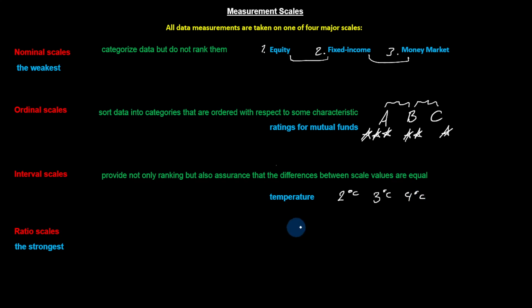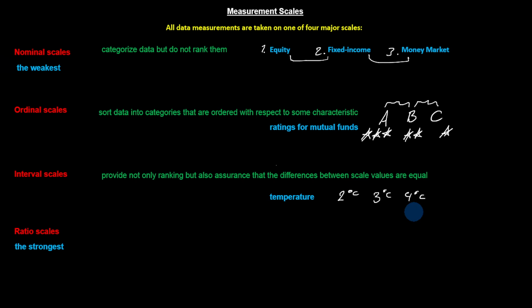Now I can clearly see the rank. I understand that 3 degrees is hotter than 2 and 4 is hotter than 3. So no problem with the ranking, and also the distance, the difference between scale values, is equal. The distance between 2 degrees centigrade and 3 is the same as between 3 and 4. It is 1 degree.